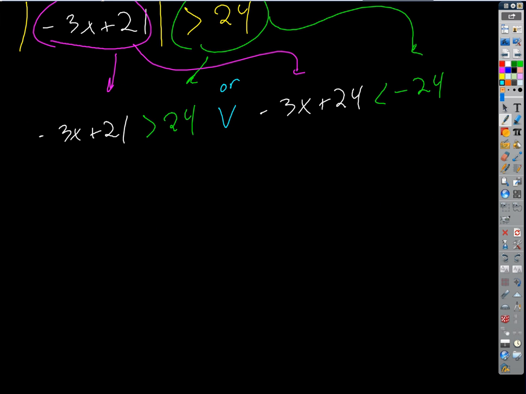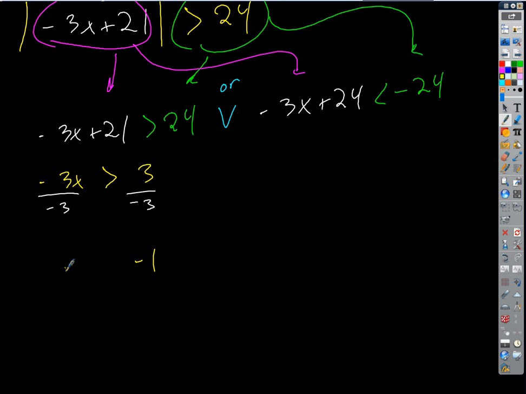So let's solve this one. What are the steps I go through to solve that one? Subtract 21 first. So I get negative 3x is greater than 3. Then what? Okay, so if I divide both sides by negative 3, on this side I'm going to get my negative 1.